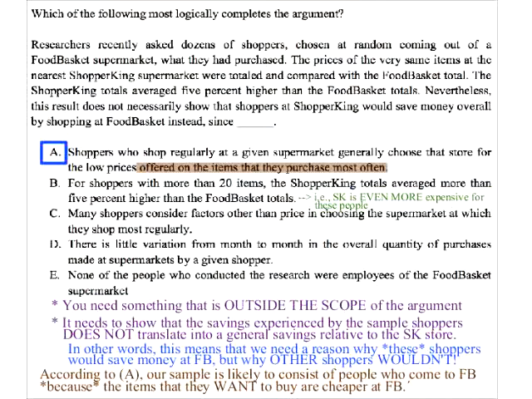Choice C: many shoppers consider factors other than price in choosing the supermarket at which they shop most regularly. Okay, but this doesn't really explain what we need. If C is true, it doesn't help us at all with what we need, which is this.